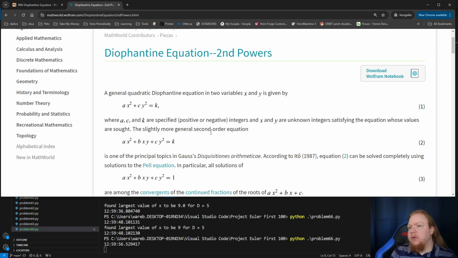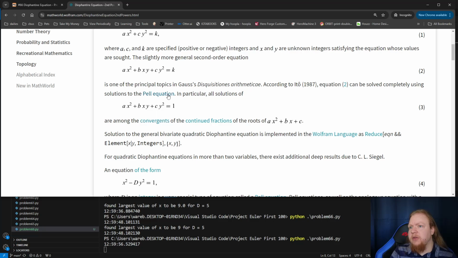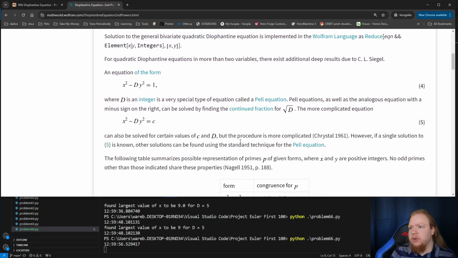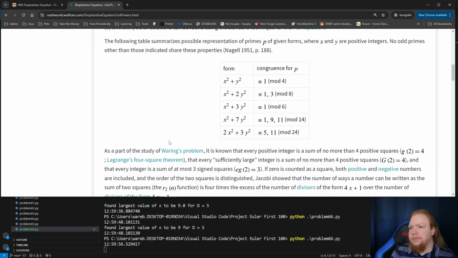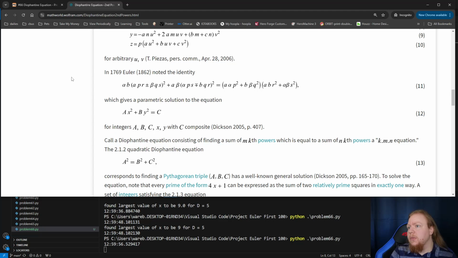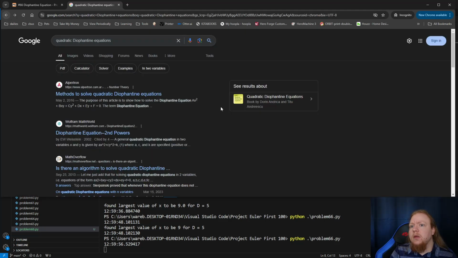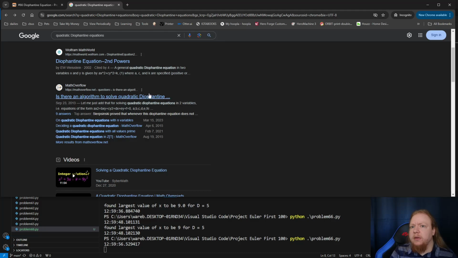Slightly more general second order equation is what it then talks about for the rest of the article. It gets very, very mathy.